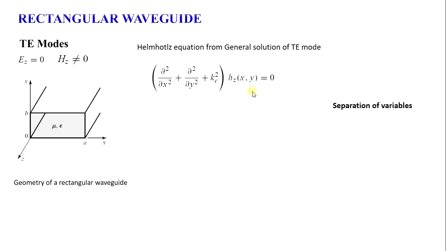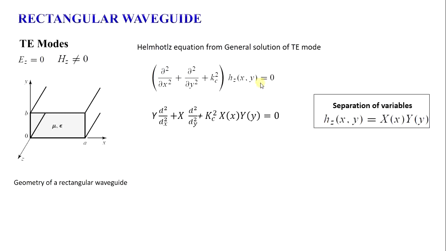So by using separation of variables, we will separate this as X(x) and Y(y) and put this value of Hz(x,y) in this equation. We get Y times the double derivative of X with respect to x, plus X times the double derivative of Y with respect to y, plus kc square X(x)Y(y) equal to 0.